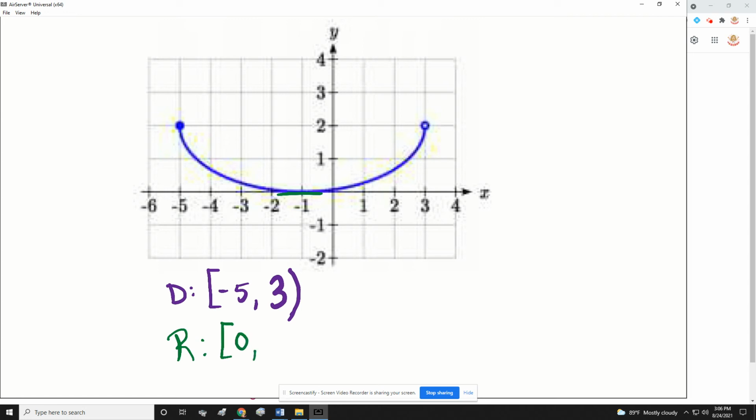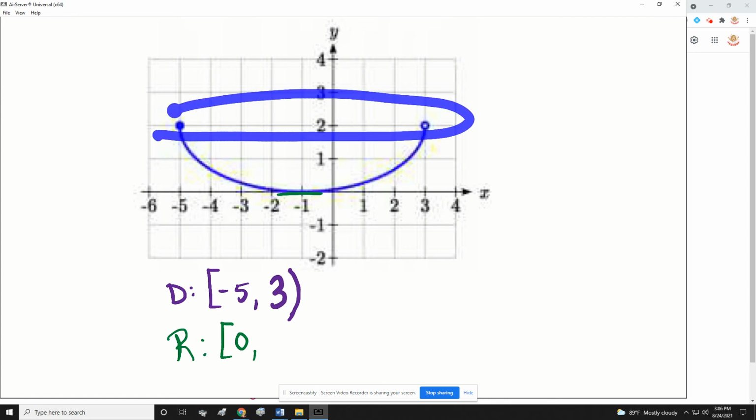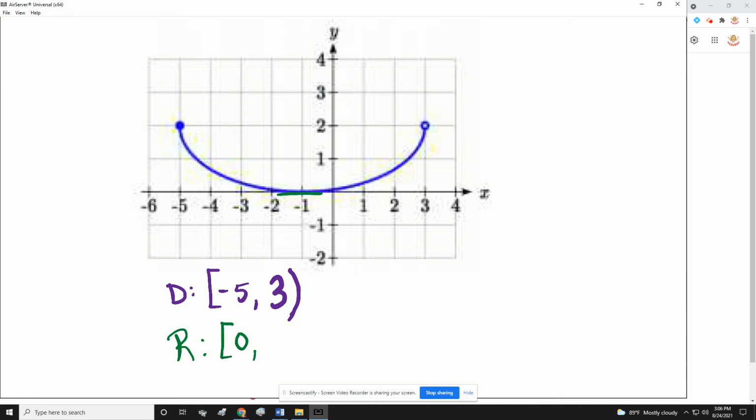And it does look like it actually touches the x-axis, so I'm going to do a bracket for the 0. And then the largest y value where it's graphed is where y is 2. So that's going to be our second number in our interval. And because I do have a closed circle over here on this side, I am going to include 2 with a bracket because the 2 is included because it is graphed right there.